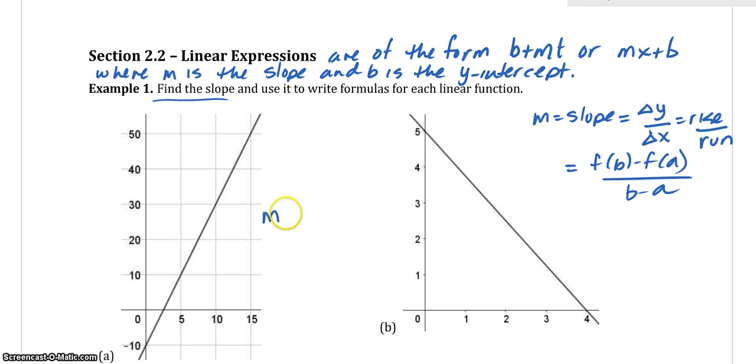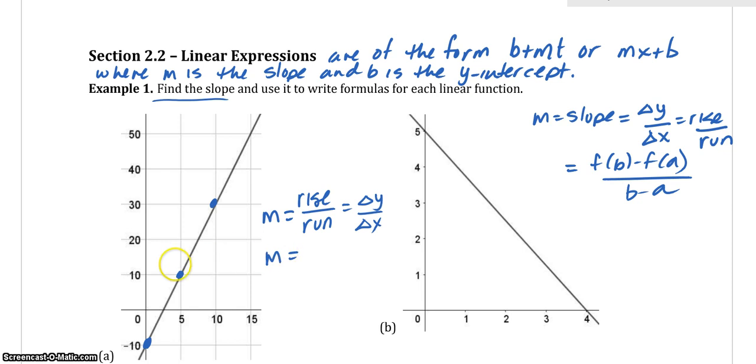So in this one, I'm going to use the rise over run idea, and I'm going to look at points that are right on the grid. So I'm going to start with this one. I think of the rise over the run, or the change of y over the change of x.